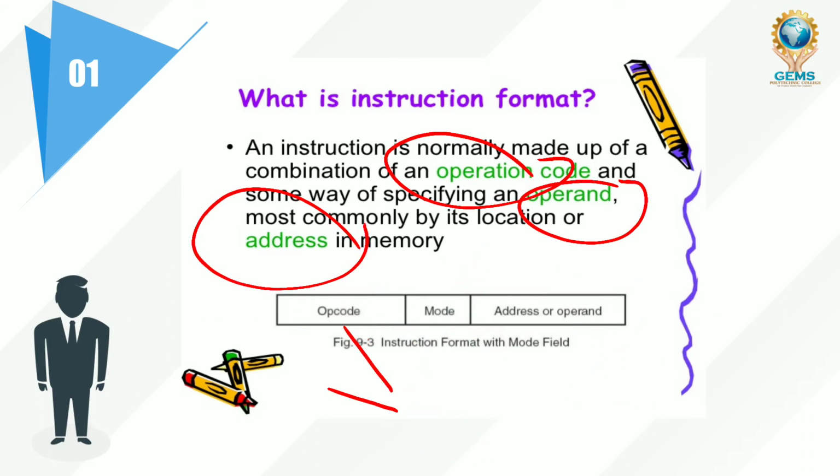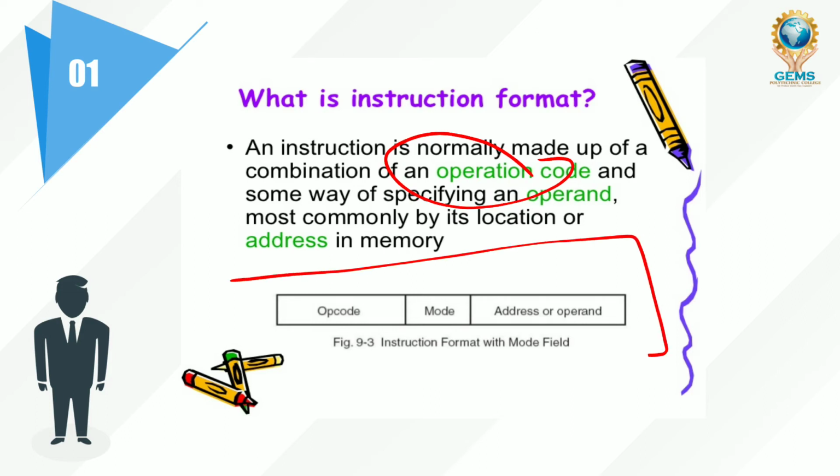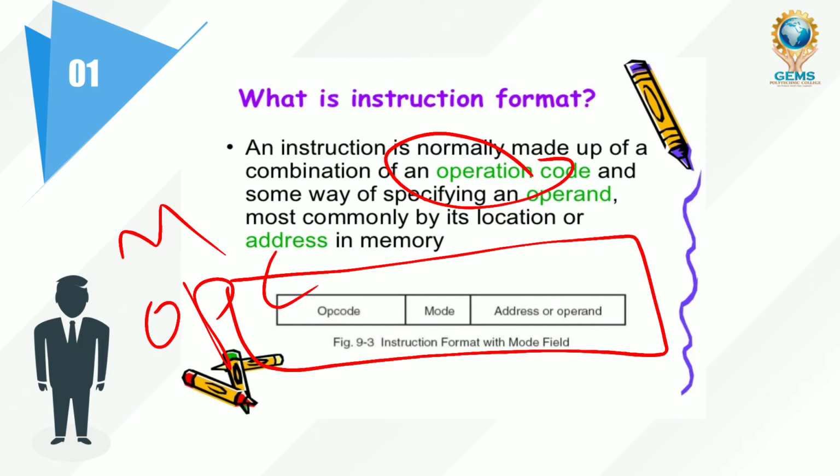What is the instruction format? What you are able to see on the screen is the instruction register. This register contains some parts. One is mode, another one is opcode, another one is operand, another one is address.